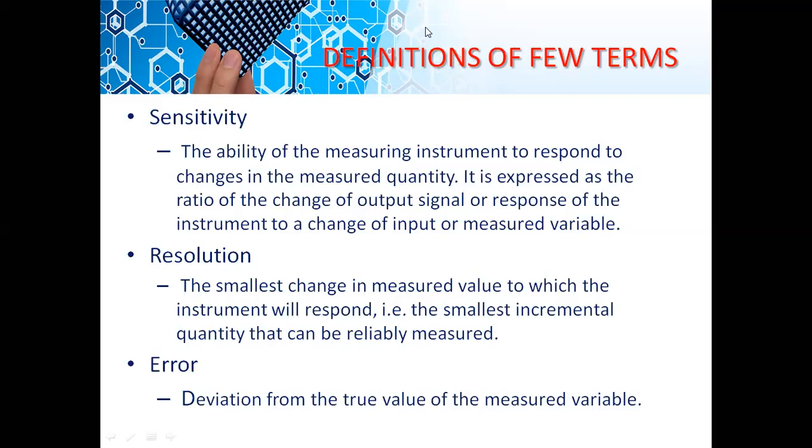Sensitivity is the ability of measuring instruments to respond to changes in the measured quantity. It is expressed as the ratio of output signal or response of the instrument to change of input or measured variable.